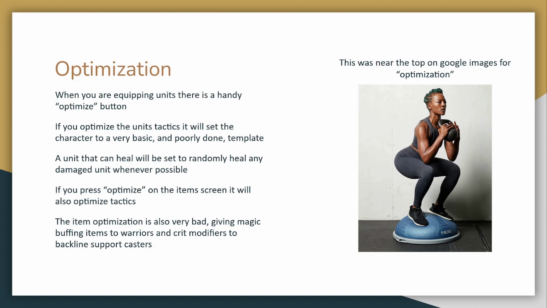Thankfully, when it comes to equipping a unit, there is an optimization button. 1 click and it will quote-unquote optimize your unit. Now, if you optimize the unit's tactics, it will set the characters to a very basic and very poorly done template. It is really bad. Like, a unit that can heal will be set to randomly heal any damaged unit whenever possible.